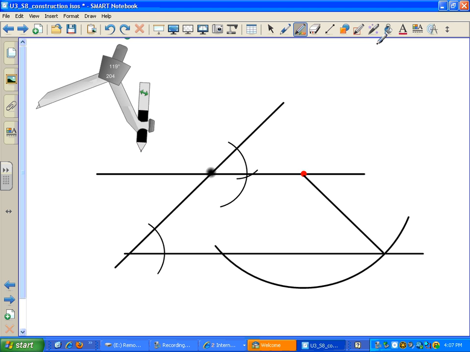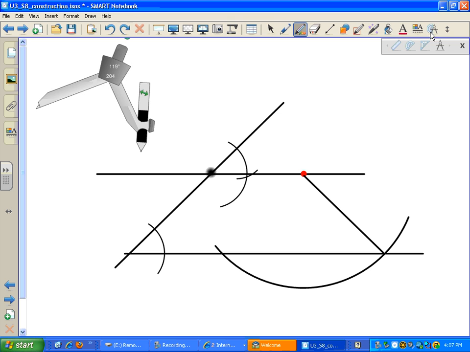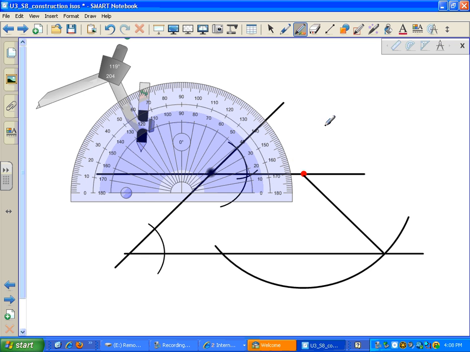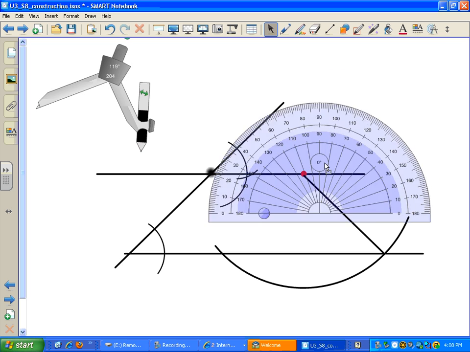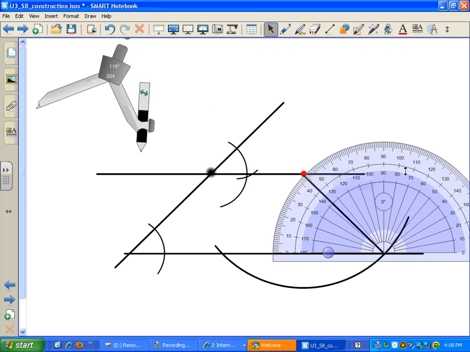Go ahead and take out your protractor. Your protractor is what we measure angles with. Let's measure these base angles. I'm going to put my protractor right here, and it looks like that angle is about 44 degrees.